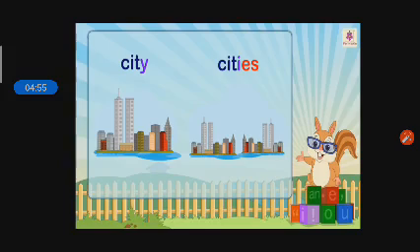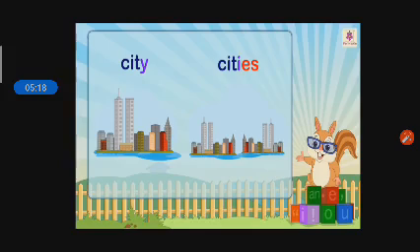CITY, city. Before Y you can see letter T, and this T letter is consonant. See, in the answer, CITIES, cities. Okay, so here one city and here two cities are in the picture.